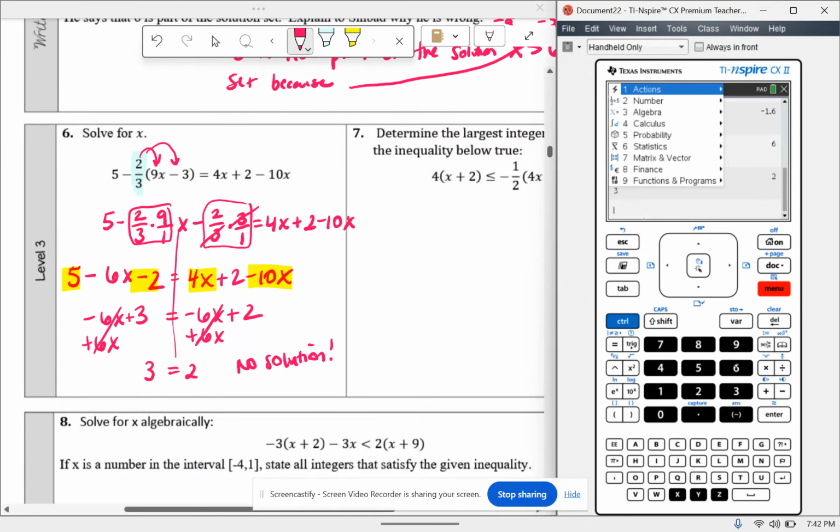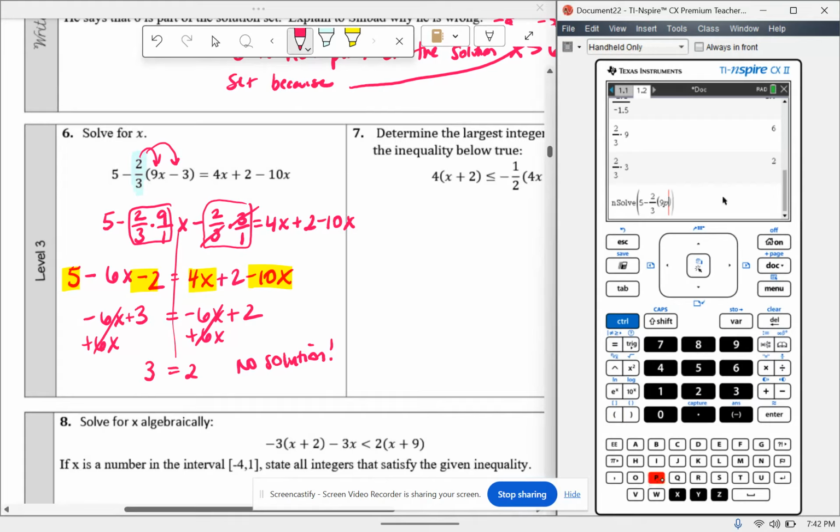So we got menu 3, 1. I'm going to type it in the way I see it. I hope it lets me type in an x. I don't really know what's going on with that. 5 minus 2/3, and then this whole thing is in parentheses, and 9x, yeah, it's still not letting me do it.